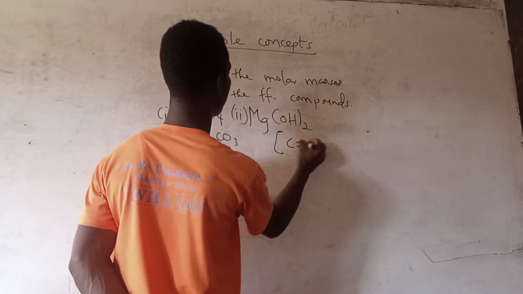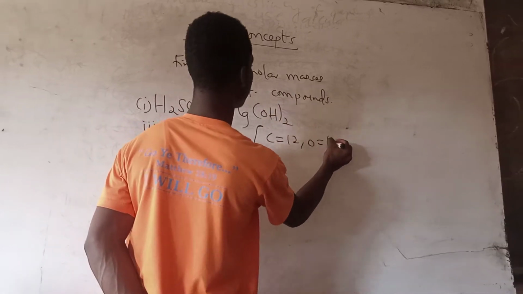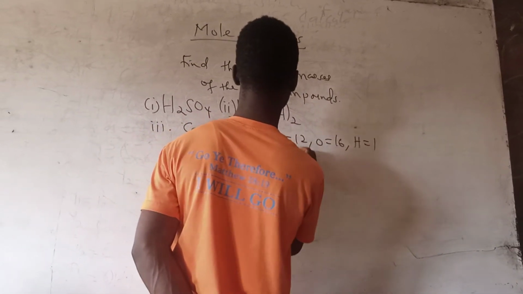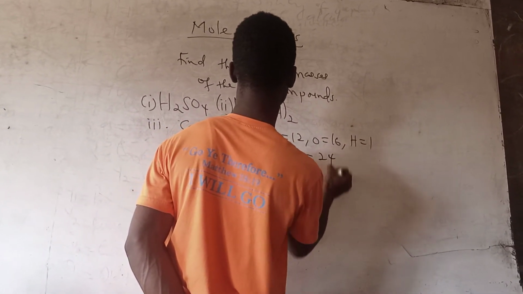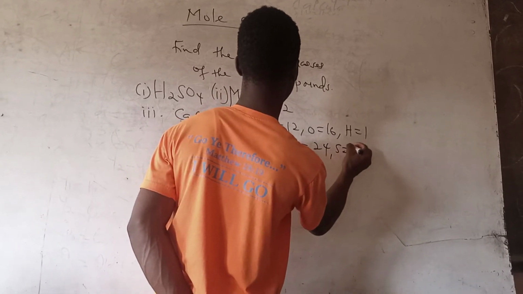You'll be given carbon 12, oxygen 16, hydrogen 1, magnesium 24, sulfur 32.